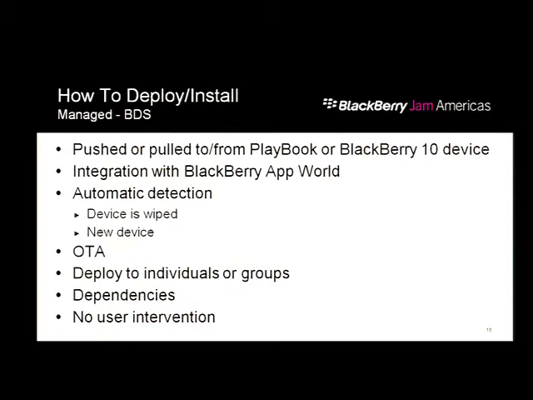So you can have the user go out and use the App World and see the optional apps and pull them down, or you can still push mandatory. You can actually push optional. So you can get it there first, and if the guy doesn't like it, he can delete it. You're none the wiser, you being an administrator, but you at least put it there as kind of a preemptive thing for him to say, hey, we'll put these on for you. If you don't want them, you can take them off. It's no big deal. But it's still there in the catalog if you want to come back and get them.